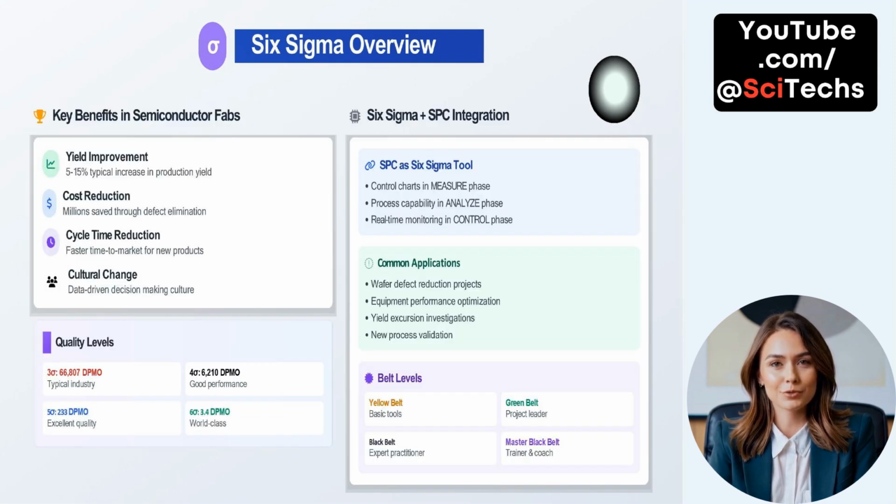Six Sigma Overview. Six Sigma provides several key benefits within semiconductor fabs. First, it drives yield improvement, typically increasing production yield by 5% to 15%. This is critical in high-volume manufacturing environments.